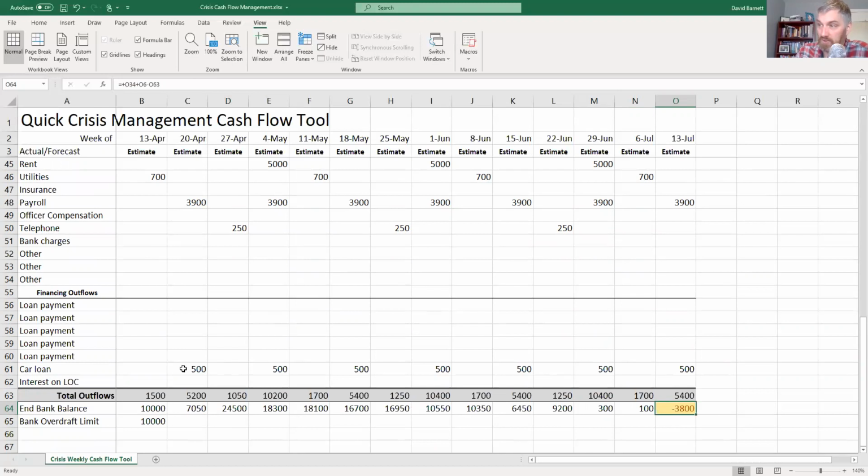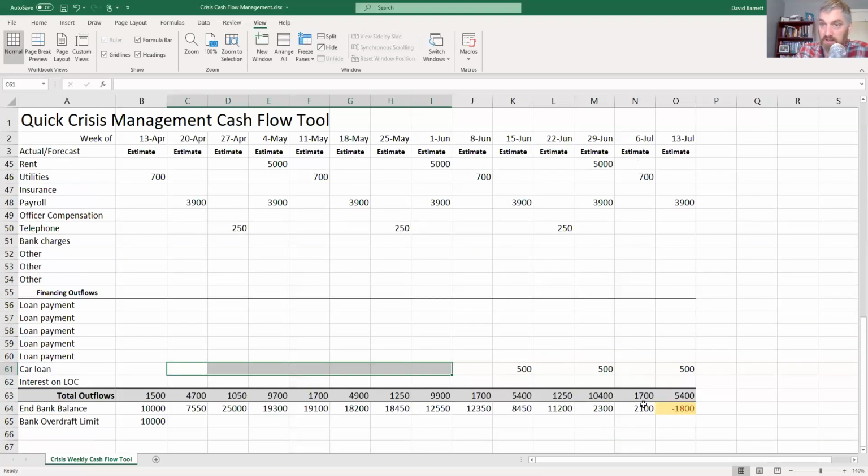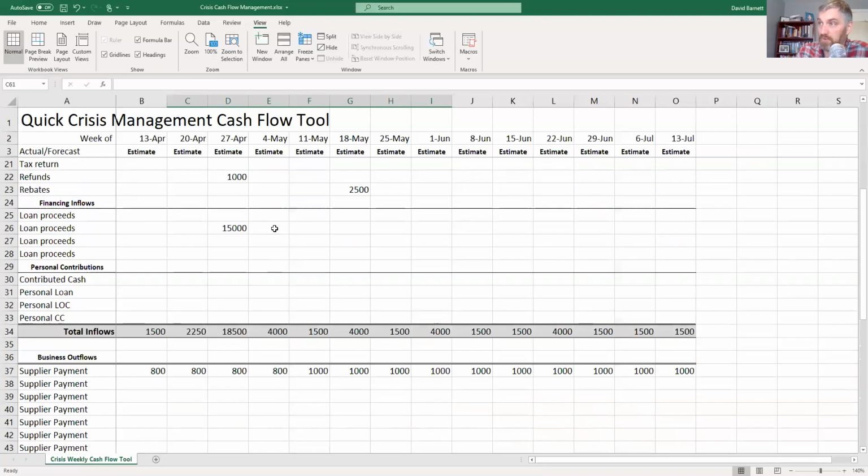Well, let's say the banker is willing to defer a couple of months of our car loan. What does that do for us? It puts us in a better position. Given that we've gotten into this stronger position, now we don't have to look at perhaps cutting payroll. What else could we do?